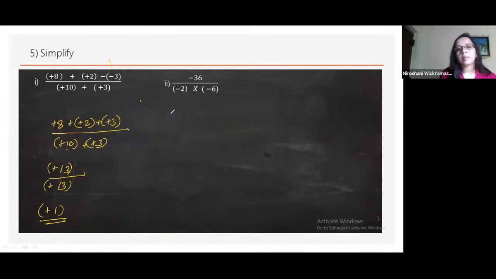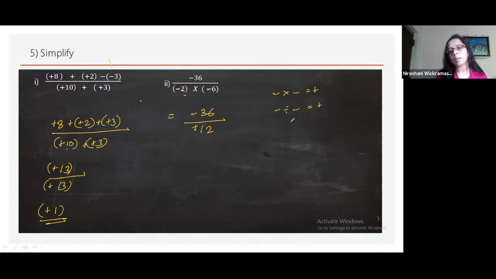Now look at this thing. Minus 36 divided by minus times minus, plus 2 times 6. 2 times 6, 12. Minus into minus, plus. Right? Again remind: minus divided by minus, then also plus. When we add minus and minus, the answer is minus.